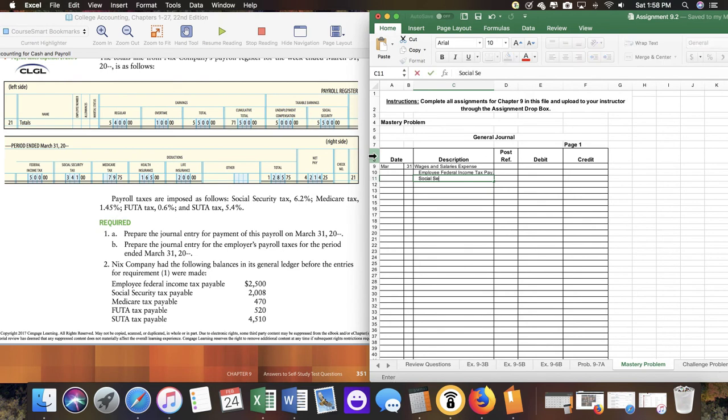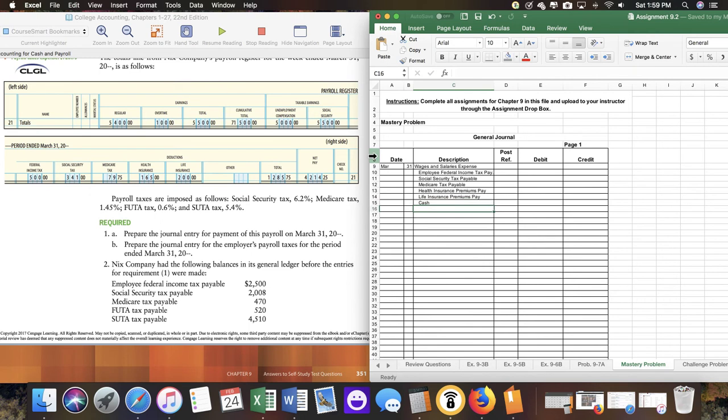We're going to have our Social Security tax payable, our Medicare tax payable, health insurance, which is a new one. So it's health insurance premiums payable. And then we have life insurance premium payable. And then the last one is cash.